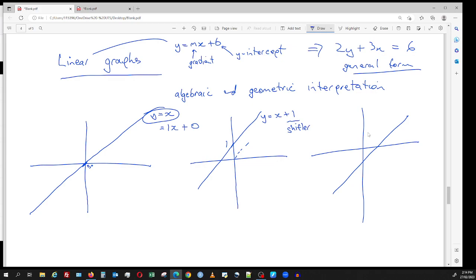Okay, it's called dilations and translations back in school land. For this one here, y is still equal to 1x, but the shifter now is minus 1. So look at the algebra that we're generating fairly easily. And of course, this comes with the idea that there'll be zeros somewhere else.